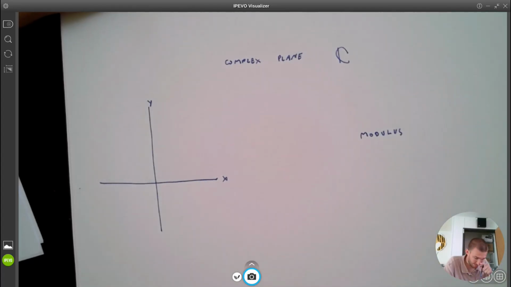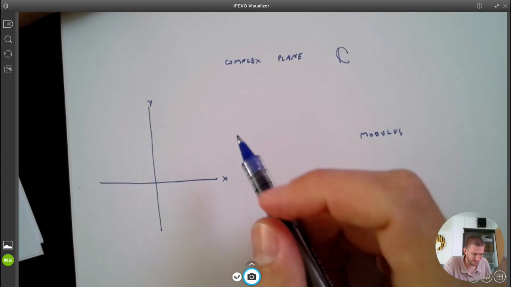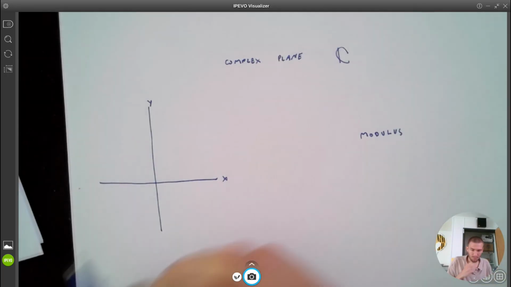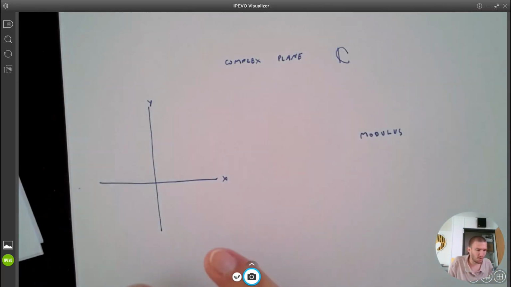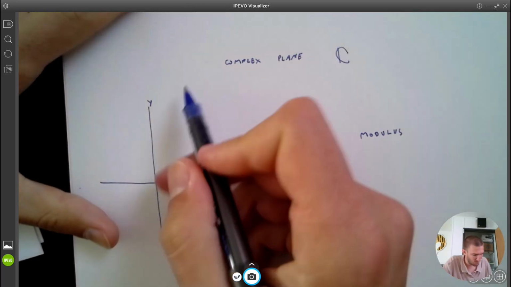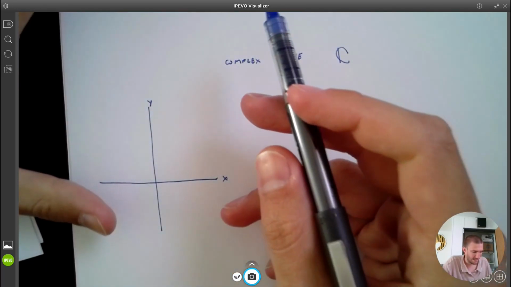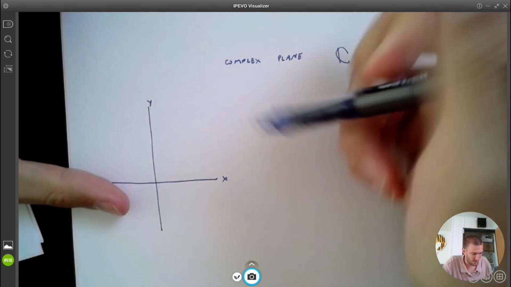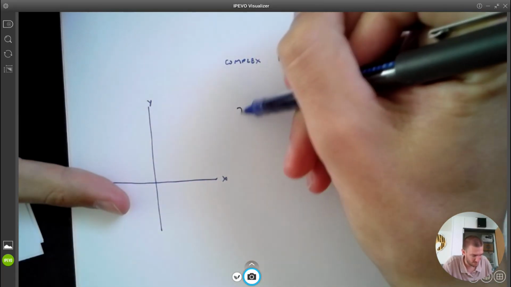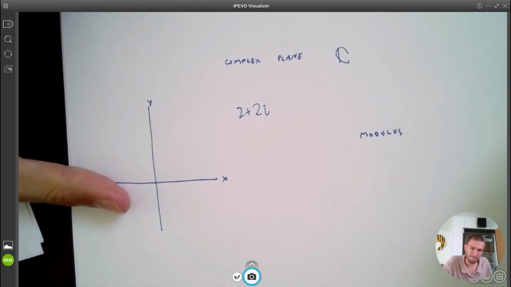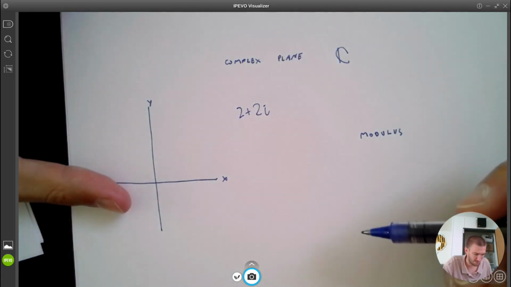Now the complex plane is how we can go about graphing these. When it comes to graphing on the complex plane, we're going to try to graph 2 plus 2i onto the complex plane.